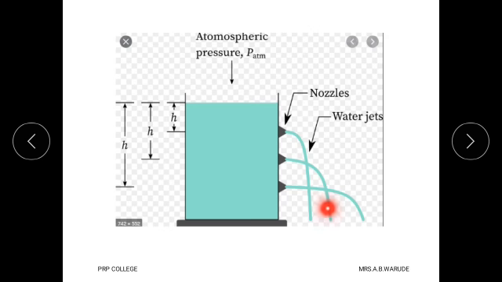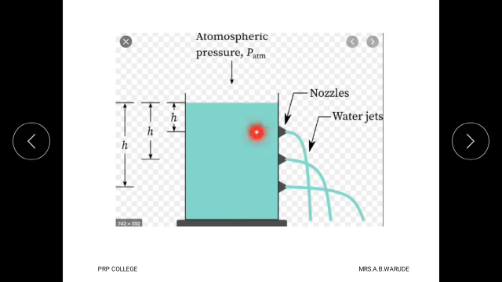When we consider the second hole, it is at more distance as compared to the first nozzle, and when we consider the third hole, it is far away from the container.